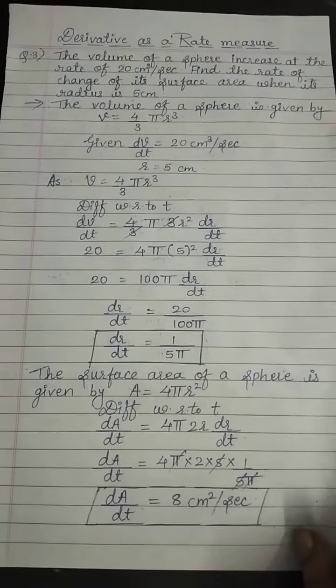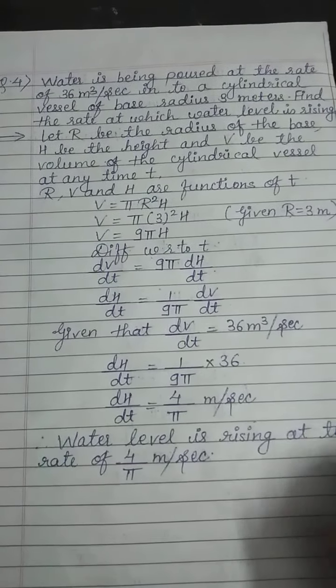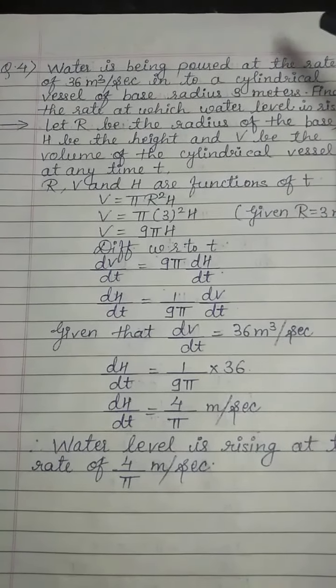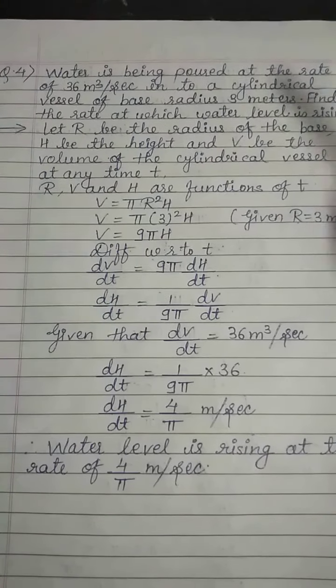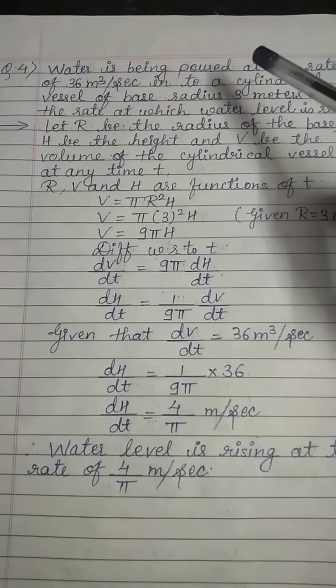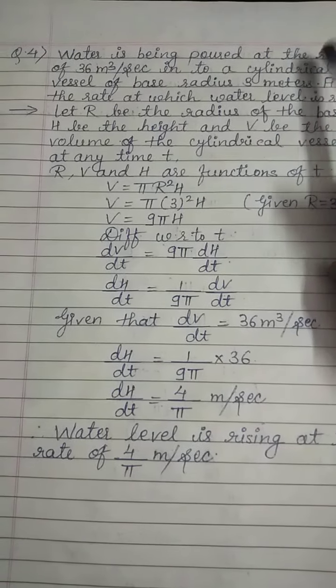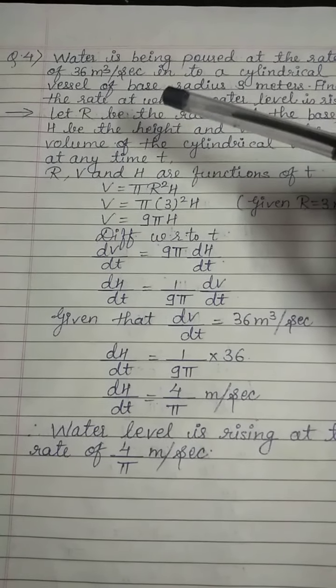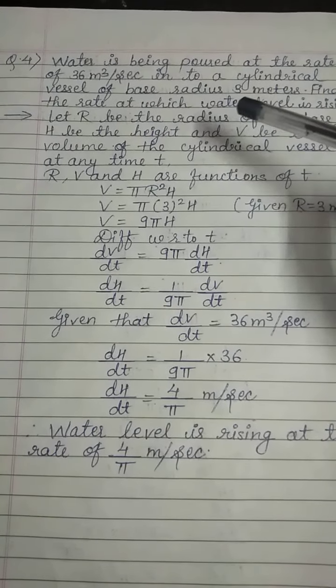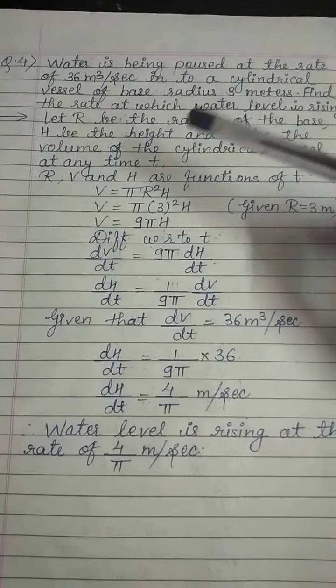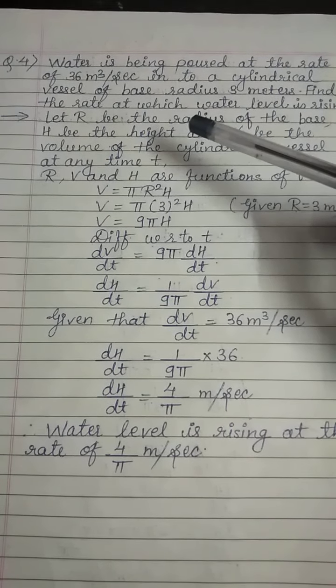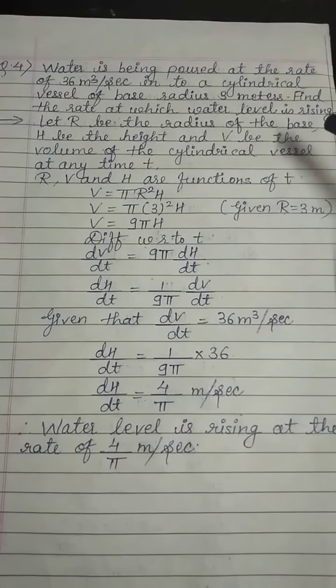Now we consider the next question, that is question number 4. Water is being poured at the rate of 36 meter cube per second into a cylindrical vessel of base radius 3 meters. Find the rate at which water level is rising.